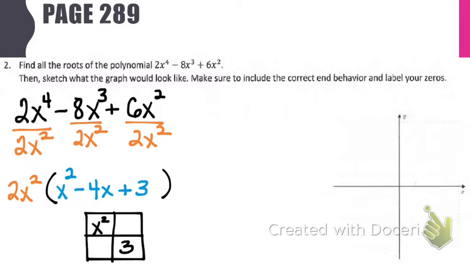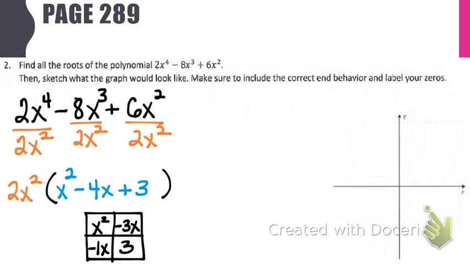So you need two numbers that multiply to be positive 3 and add to negative 4. So does anyone know my numbers that multiply to be positive 3 but add to negative 4? Negative 3 and negative 1. Good.